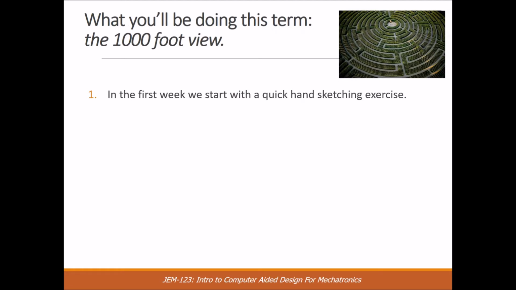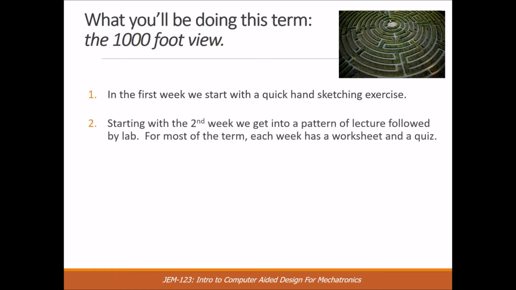In this course, we're going to start out with you doing a quick hand sketching exercise. It'll be 4 orthographic views. We'll talk about that in a moment. And then once we get into the second week, and you'll actually see me in lecture, we get into a pattern of lecture and lab each week.